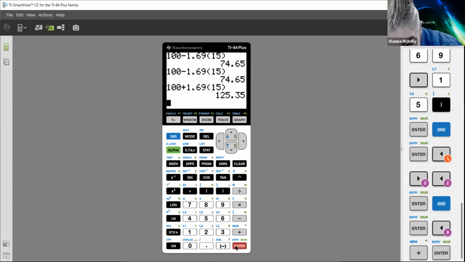So it's between 74.65 and 125.35. If you round to the nearest point, which is probably the most legitimate thing, about 75 and 125.